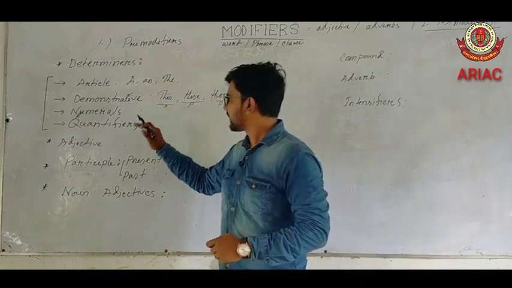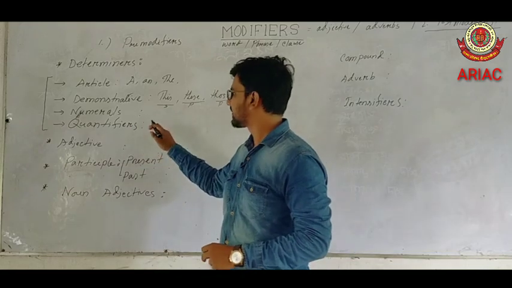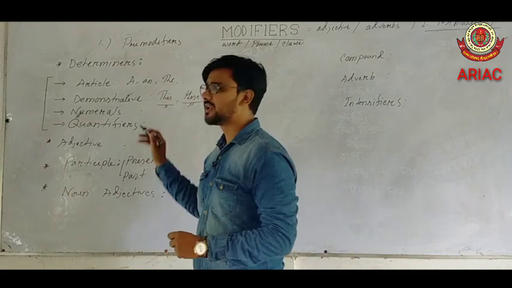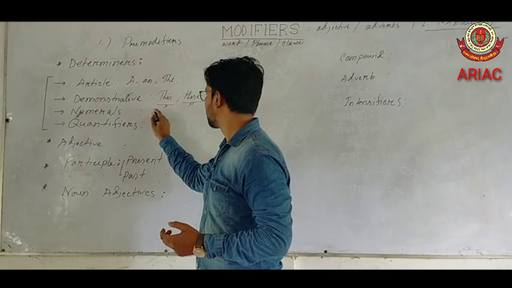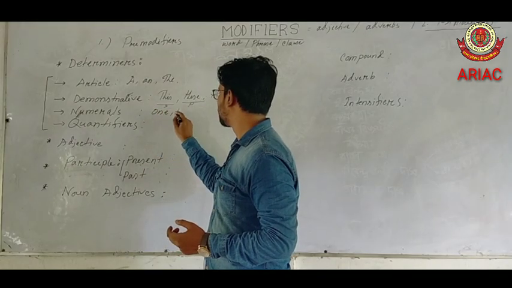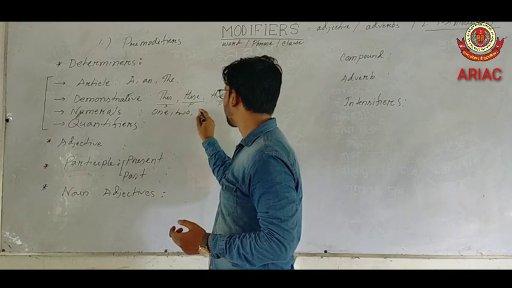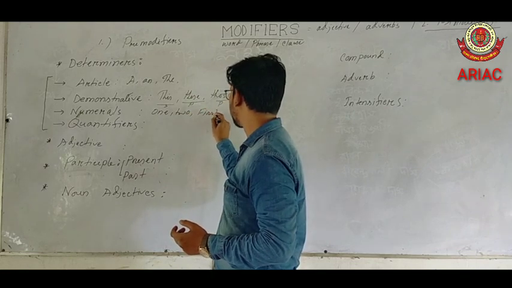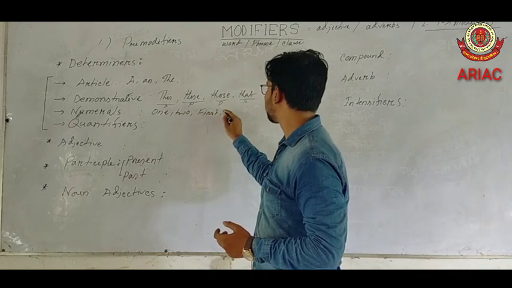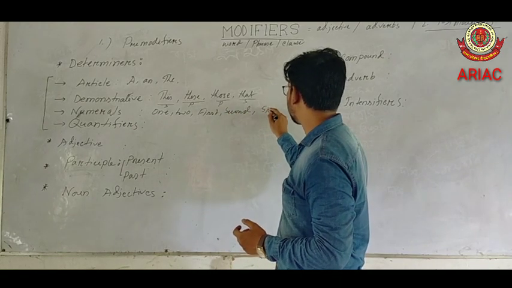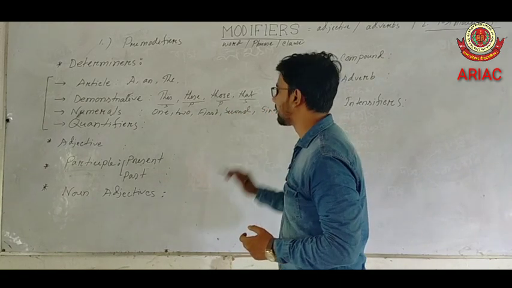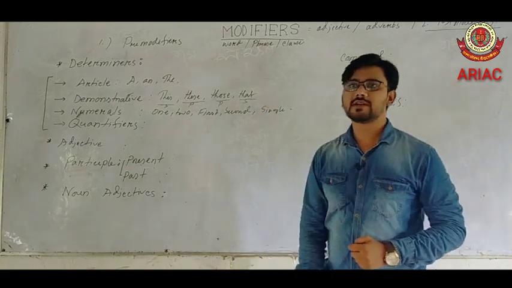So, numerals. What are numerals? Numerals means numbers. The number can be 1, 2, 3, or first, second, third, or multiples like single, double, etc. Quantifiers. What are quantifiers?